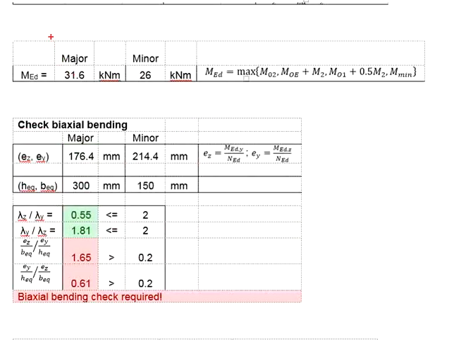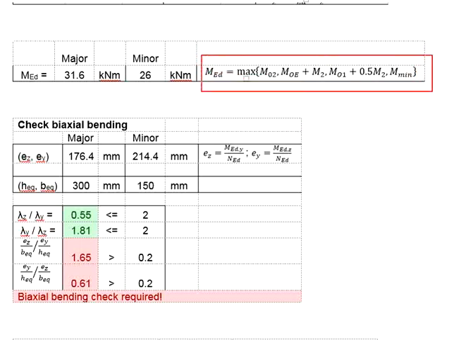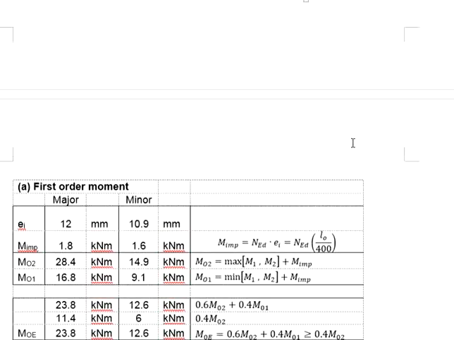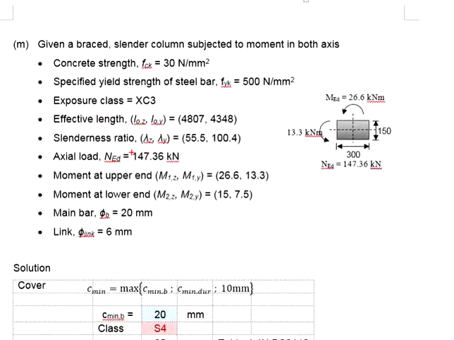Remember, previously we have calculated the MED in the major and in the minor axis based on the equations for the slender braced column. That means, for you to calculate the EZ, you use MEDY divided by the NED, which is 147.36 kilonewton.